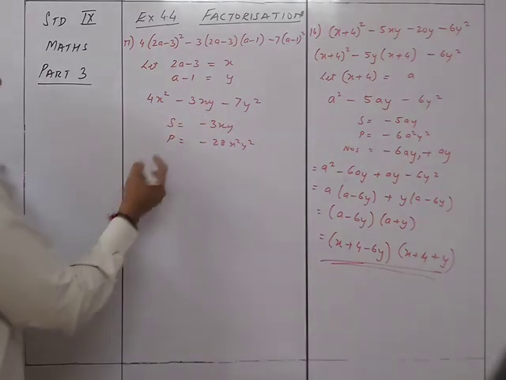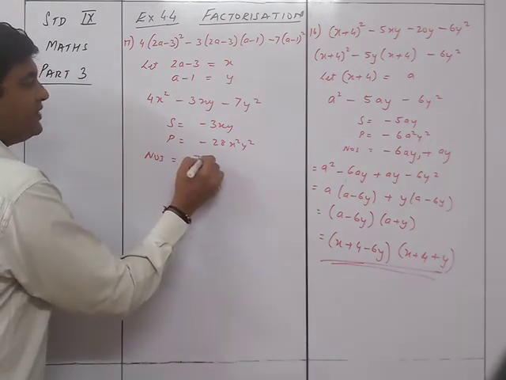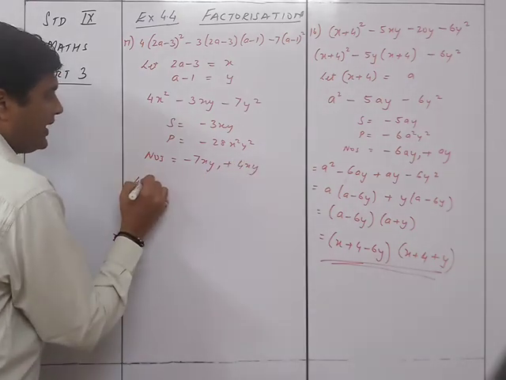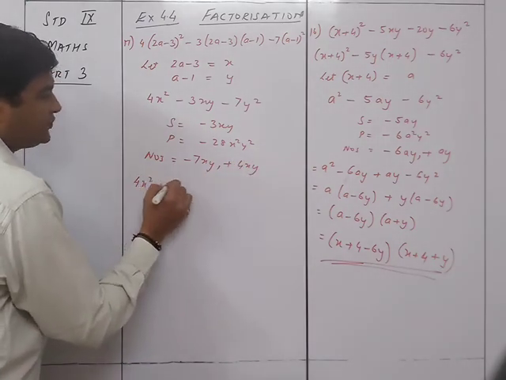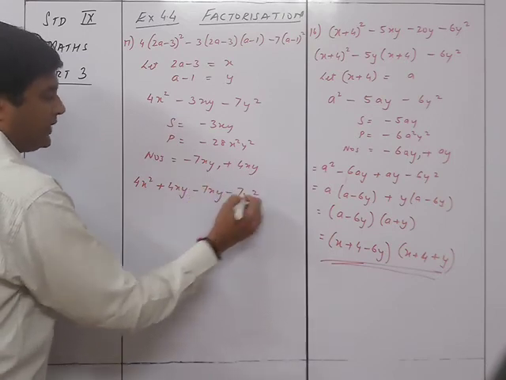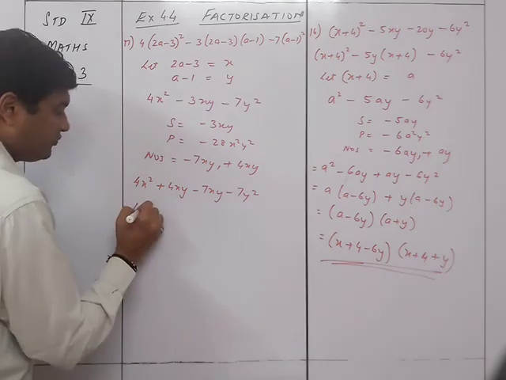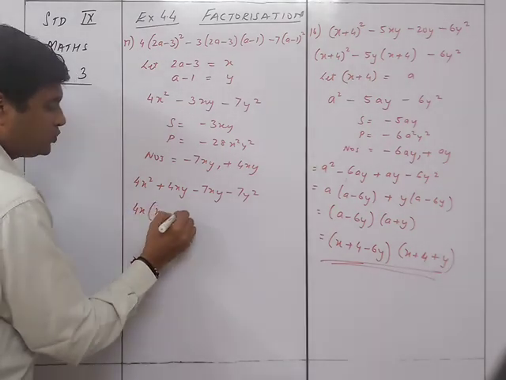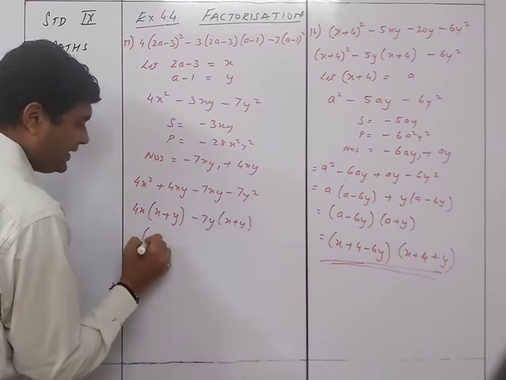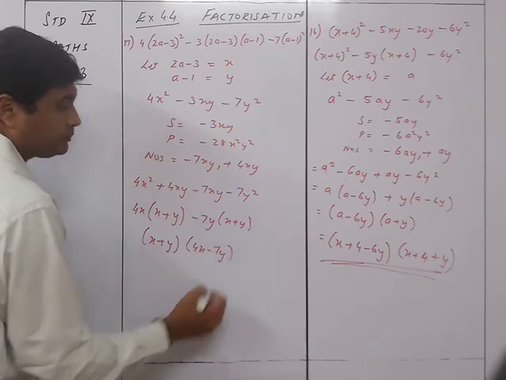So the numbers are minus 7xy plus 4xy. So it will be 4x square plus 4xy minus 7xy minus 7y square. I just switched it over because it is easier for you to take out common. So it is 4x common over here, (x plus y), and minus 7y common over here, (x plus y). So we get (x plus y) and (4x minus 7y).